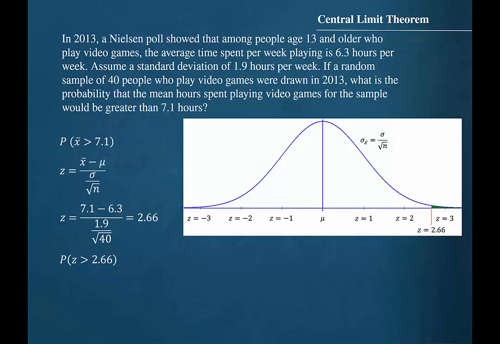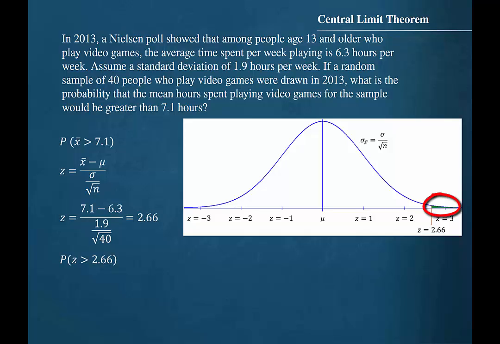It is always helpful to draw an appropriately shaded curve when finding probabilities associated with a normal distribution. Our z-score of 2.66 will be between z equal to 2 and z equal to 3. We are to find the probability that the z-score would exceed 2.66.